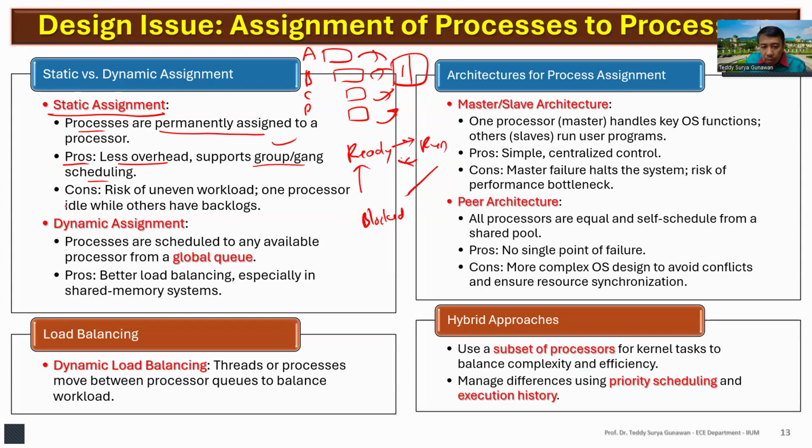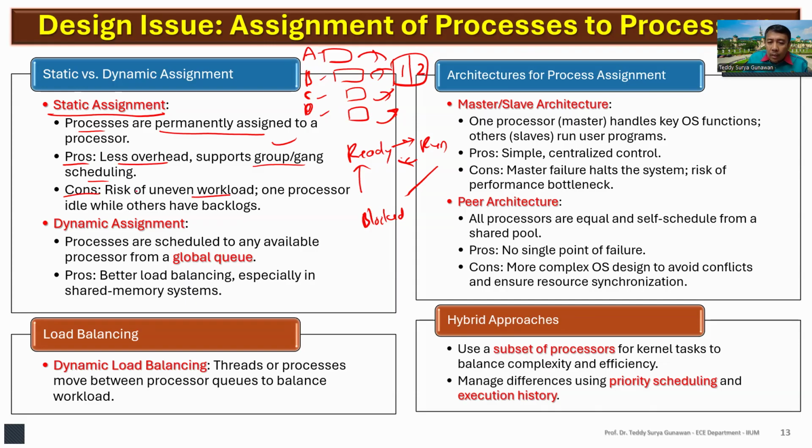We'll discuss more later on. The disadvantage is uneven workload, meaning processor one keeps busy while processor two is idle. That can happen. For example, C and D do not do IO so much, so C and D finish and wait for A and B, which are IO heavy, to complete.